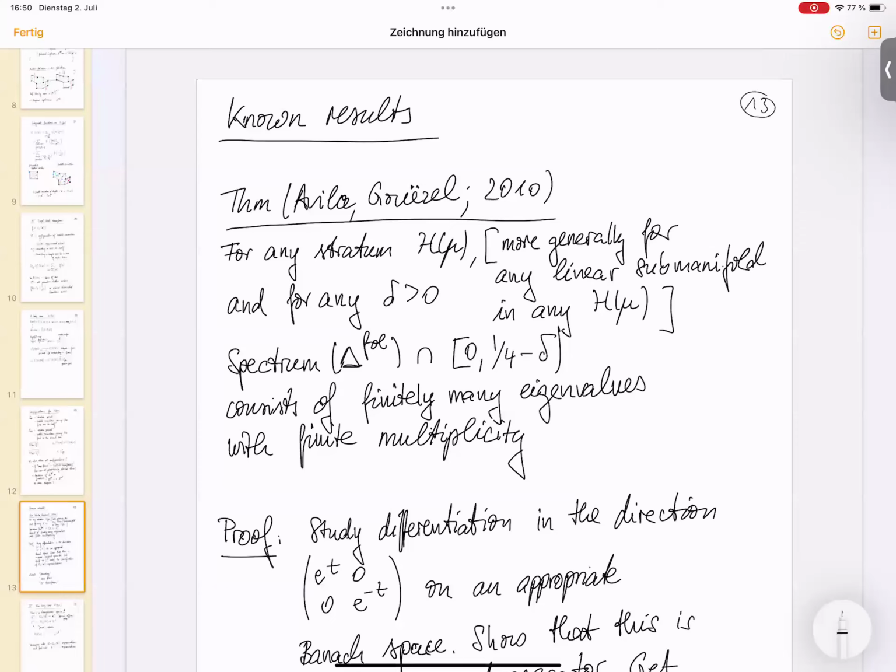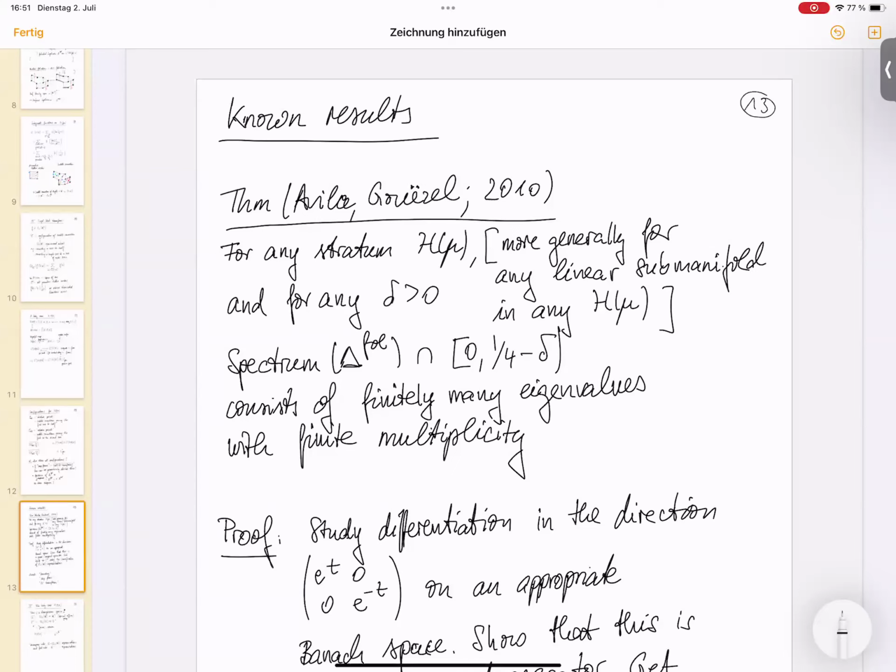the following property holds. Whenever I move a little bit away from a quarter, I fix myself a delta which is positive, and I consider the spectrum of the foliated Laplacian in the interval 0 to a quarter minus delta. There are only finitely many eigenvalues with finite multiplicity.